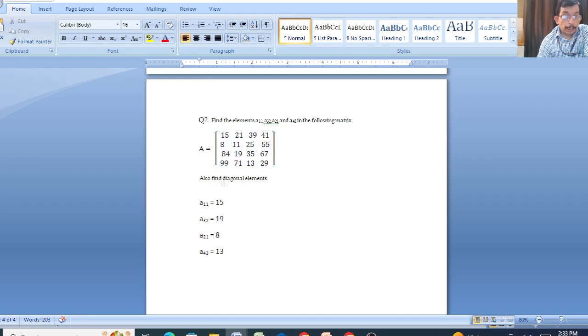Now we also find the diagonal elements in matrix A. Diagonal elements exist in a square matrix.